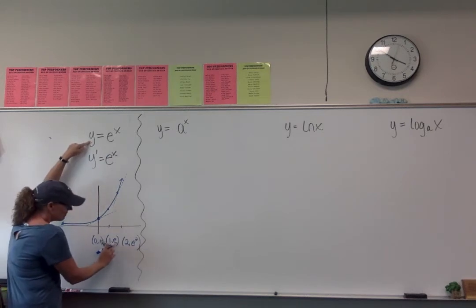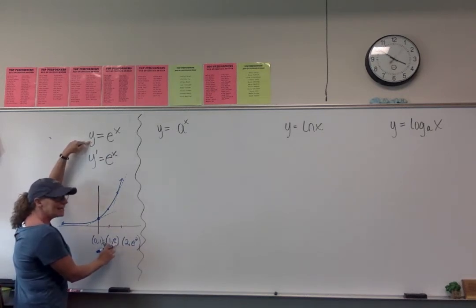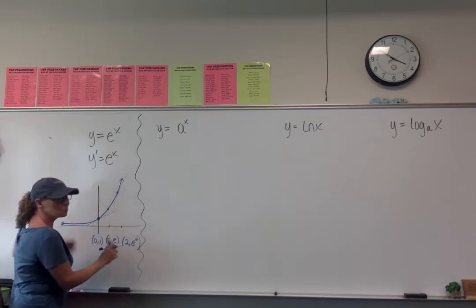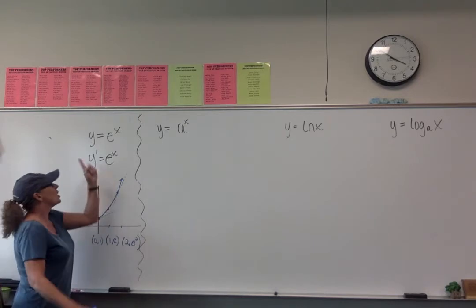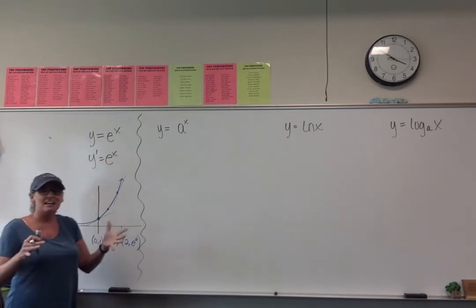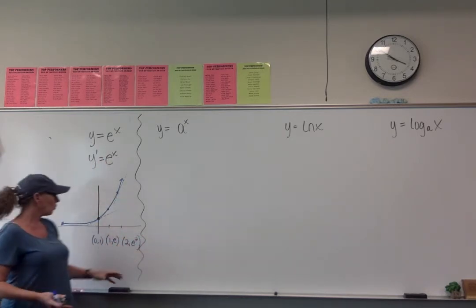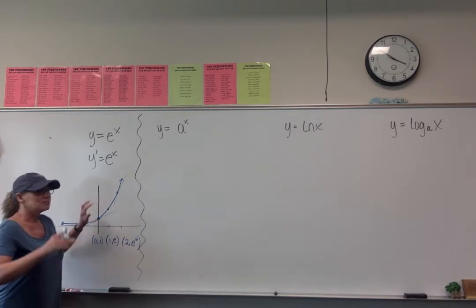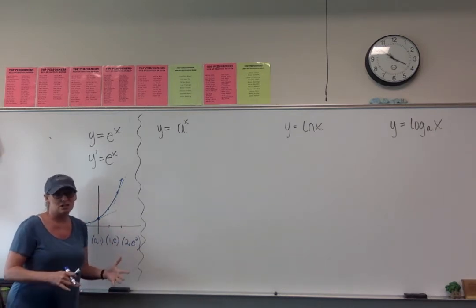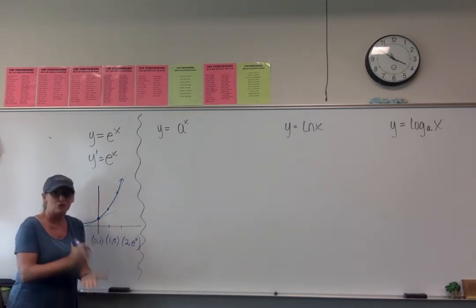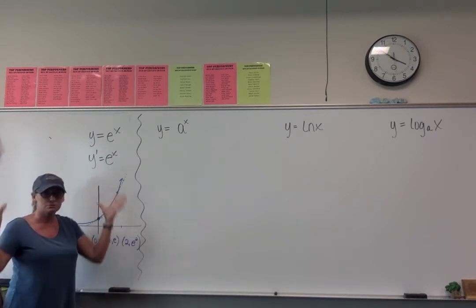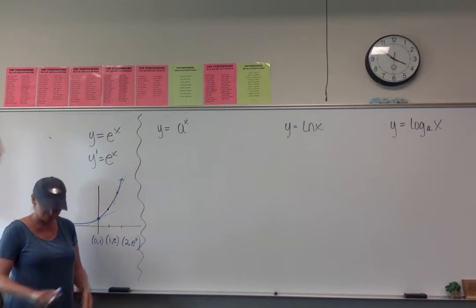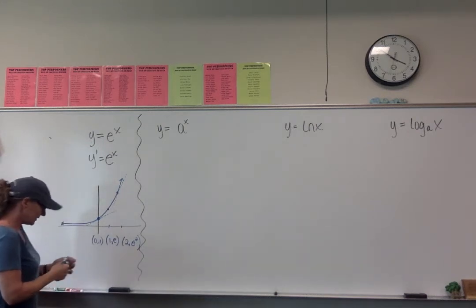Whatever the y value is of the function at 1, that's the slope of the tangent line at 1. This is the only function that has that unique property, where the slopes of its tangent lines are the exact same value as the y value at that point. Isn't that kind of cool? Oh, you think that's kind of cool?